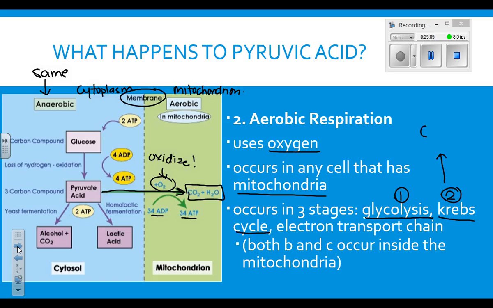Now the Krebs cycle could also be called the citric acid cycle. I would imagine that Krebs is the name you would see more frequently, but just in case, that's another possible name for it. And then the electron transport chain. And the last two parts are the ones that are happening inside the mitochondria.